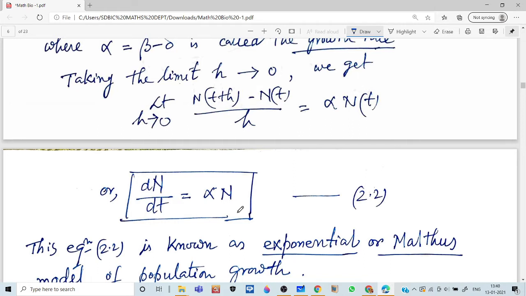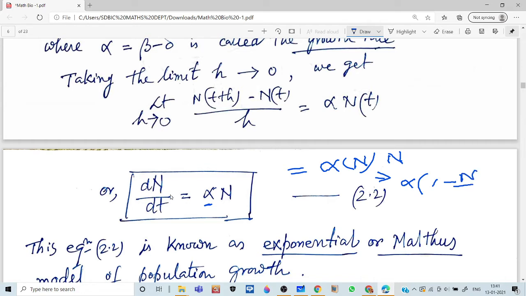But in the logistic growth model we assume alpha is not constant; it is some function of N, multiplied by N. This is the basic difference between the exponential model, or Malthus model, where alpha is constant, and the logistic growth model, where alpha(N) equals alpha into (1 minus N by K).